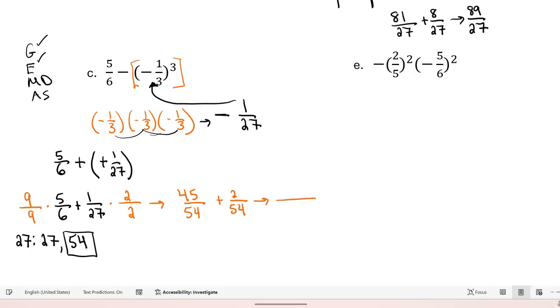Draw my line, put my denominator, and then I add. So I get 47. And this is another one where if you're unsure whether that's fully reduced or not, I would take the 54 and find your prime factors and then see if any of those go into 47.